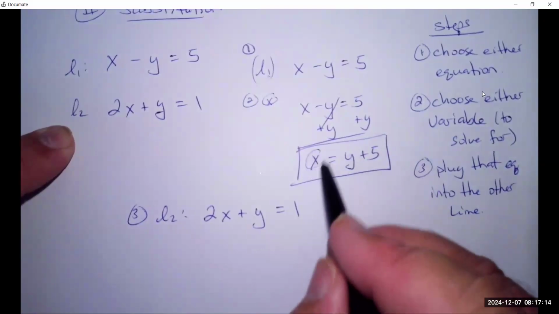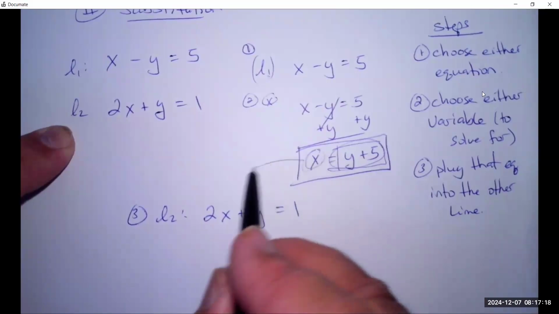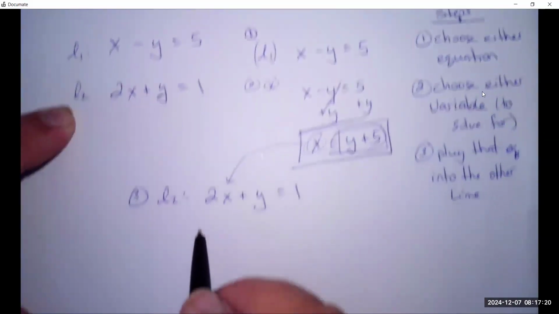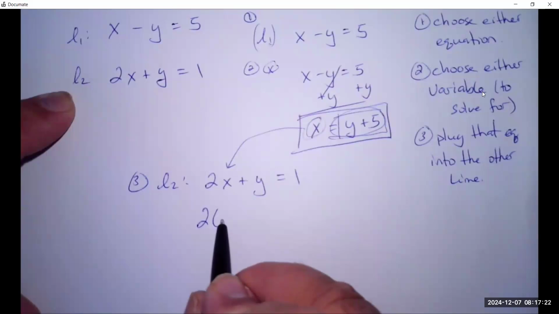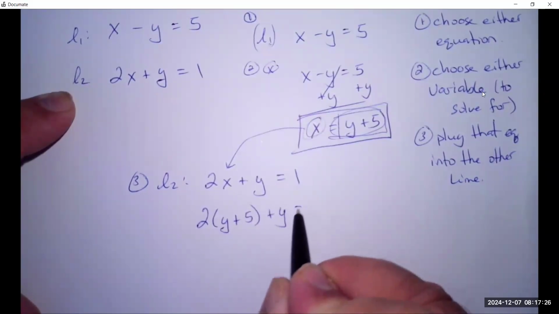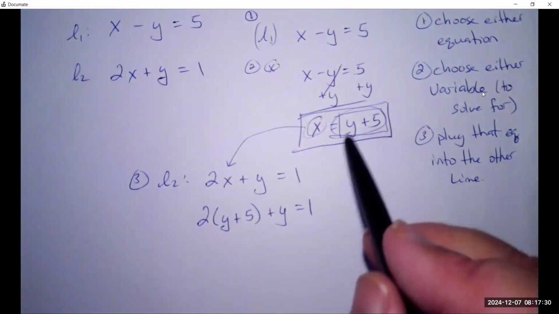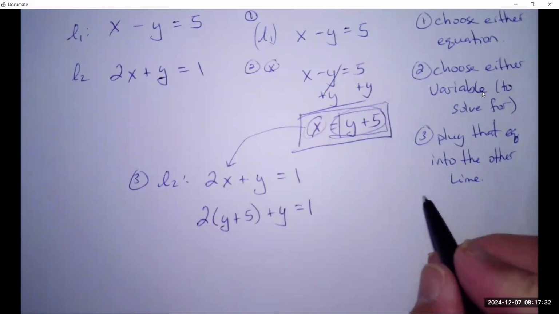Now, anywhere I see an x, I put a y plus 5. So it becomes 2 times y plus 5, plus y equals 1. So I plug that equation into the other line.